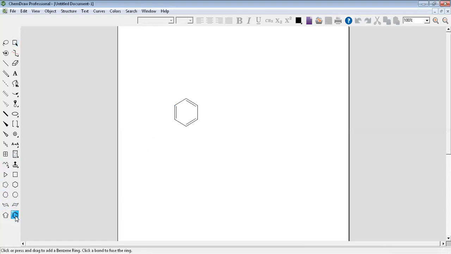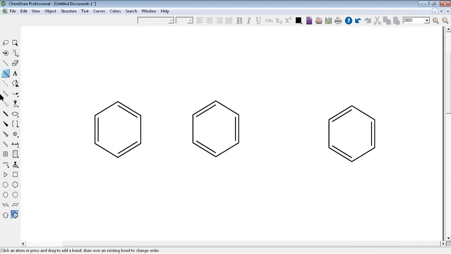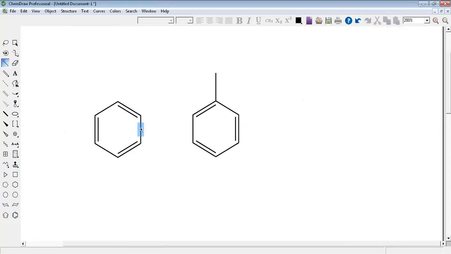Look, we have these two examples, 1 and 2. I will zoom in for you. Now we have benzene and we have methyl benzene. Look at the electron density on the benzene ring. Which has higher electron density, this ring or this ring?